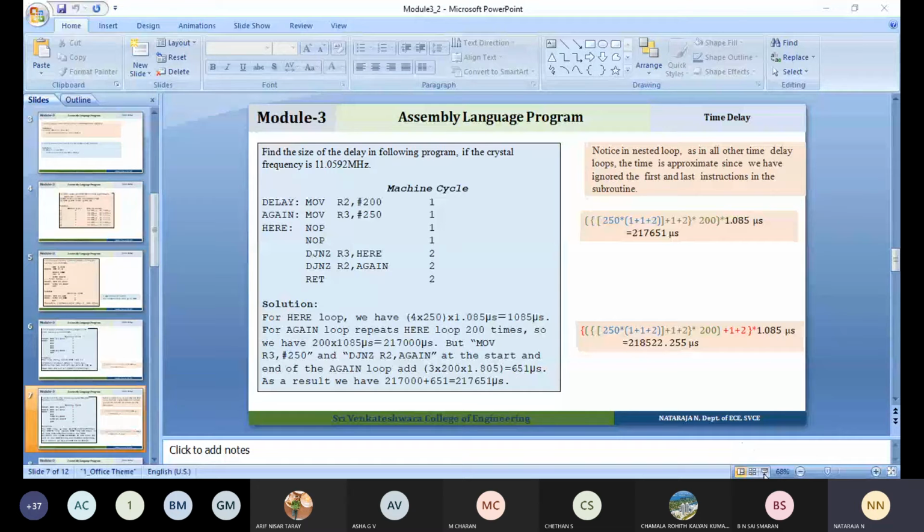Trace this program and find the solution. Is it visible? Yes, sir.